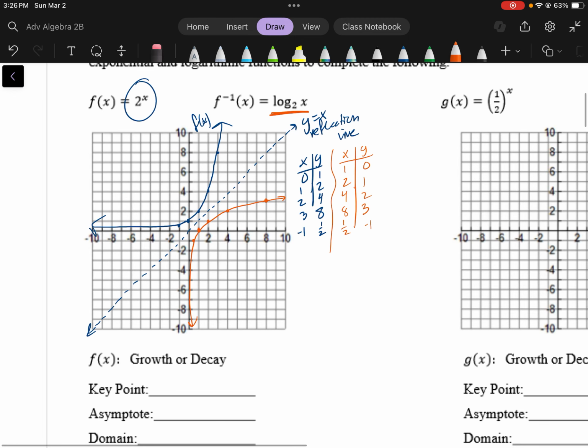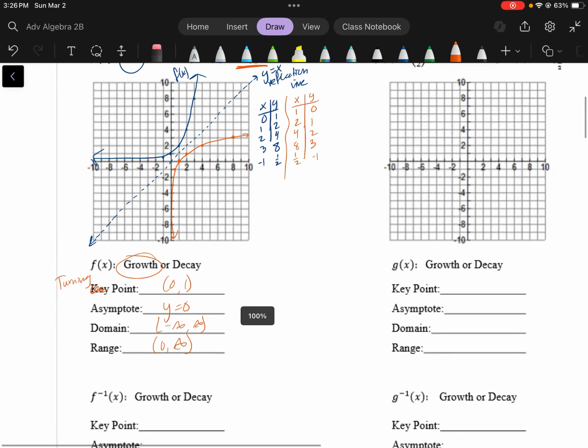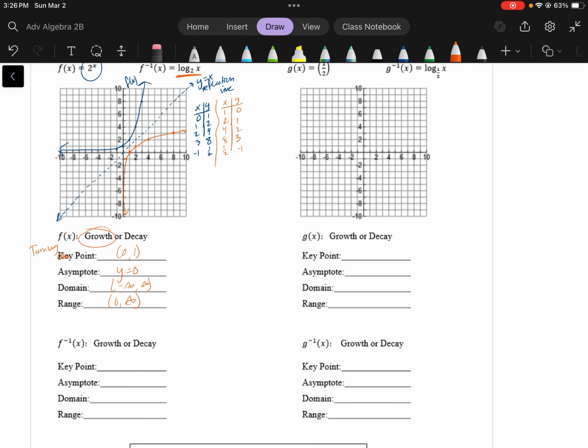Okay, so f of x was originally a growth function. It had a turning point of (0, 1), just like we talked about the other day. The asymptote was at y equals 0. The domain was everything, and the range was 0 to infinity, not including 0. And then the inverse is an important idea, where all of those things are flip-flopped.